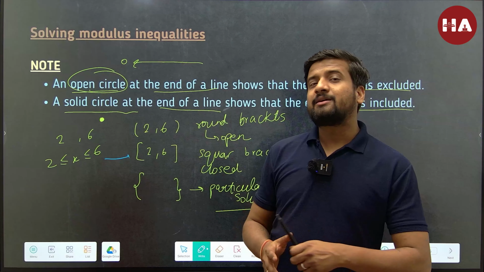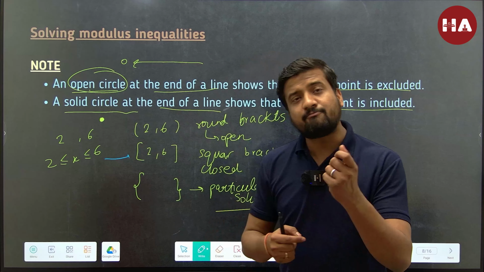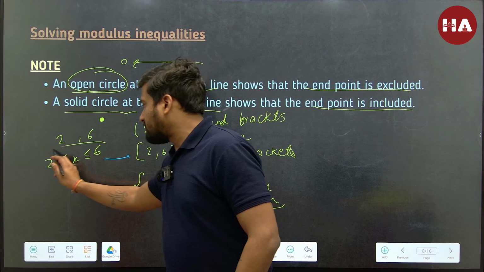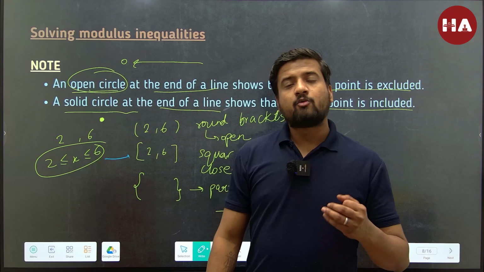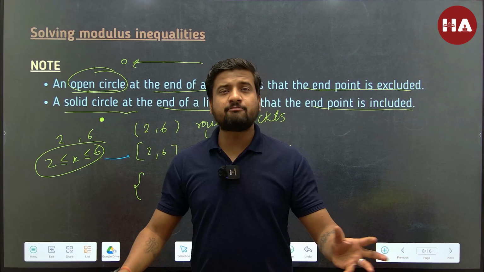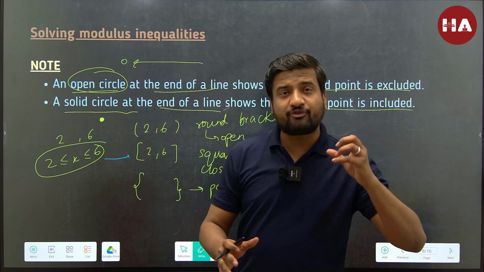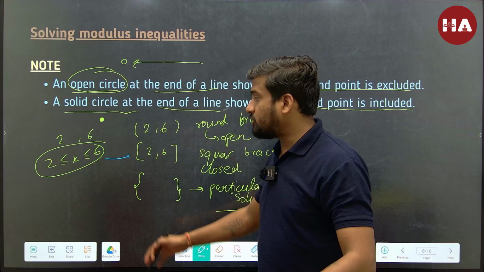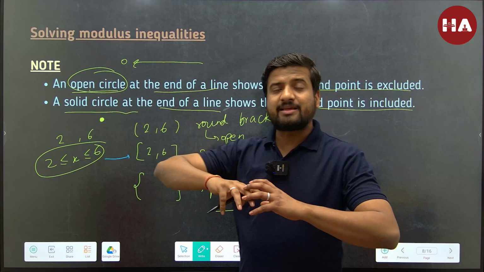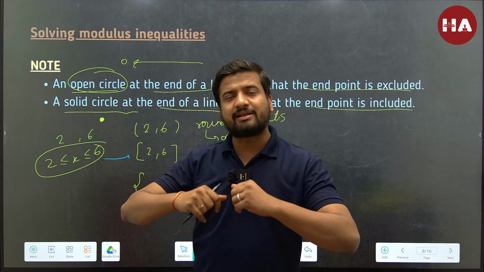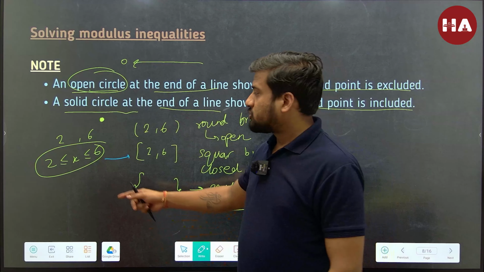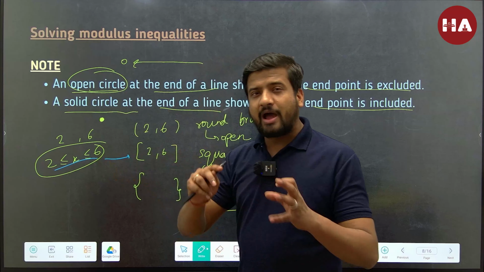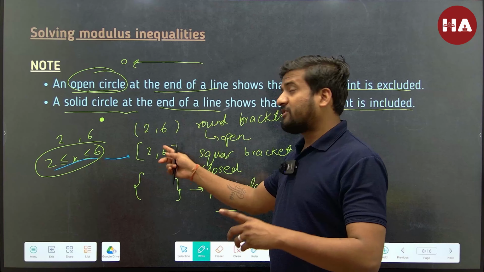But let's say I want to write some particular values. Whenever you write 2 to 6, what you want to say is every real number from 2 to 6 is going to be included in my answer, right? And that is going to be like millions and basically infinite values, right? So we cannot write those values in the answer, so that's why we use these brackets.